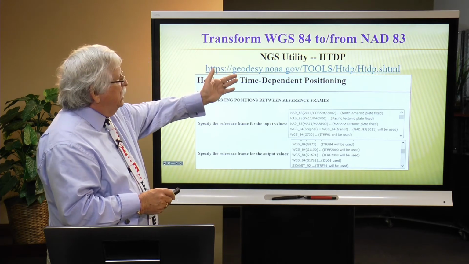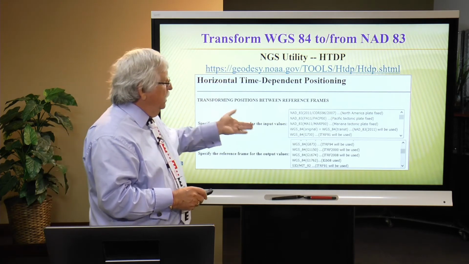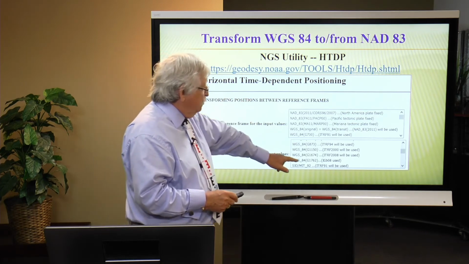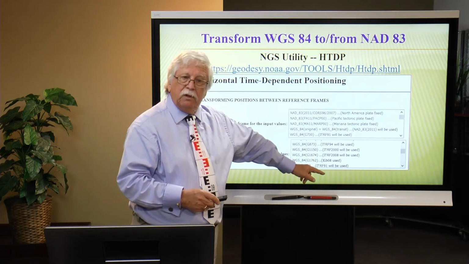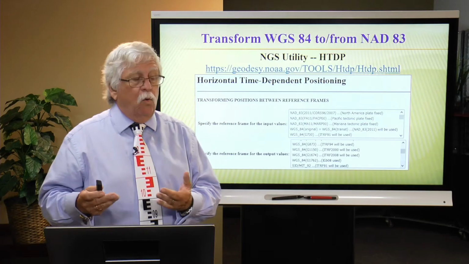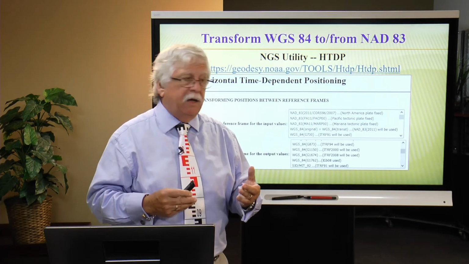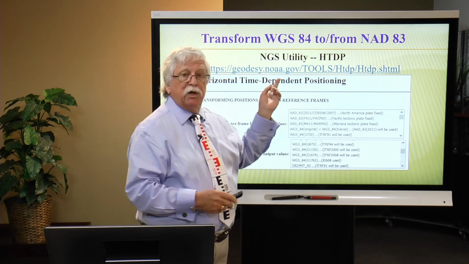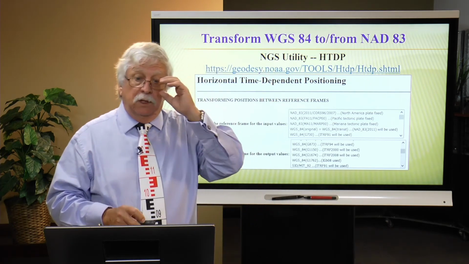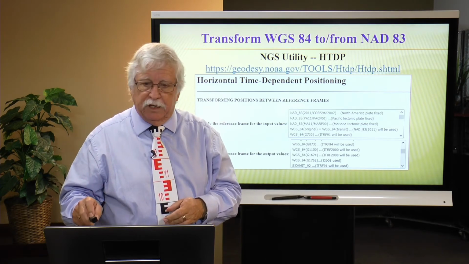It's called HTDP, and it can easily transform between NAD83 and WGS84. Here you see the most current realization that the National Geodetic Survey has used, along with ITRF. So if you do think you have coordinates and you want to transform them back and forth, this is the tool you're going to want to use. So go look at what I've said about it in the transformation presentation.